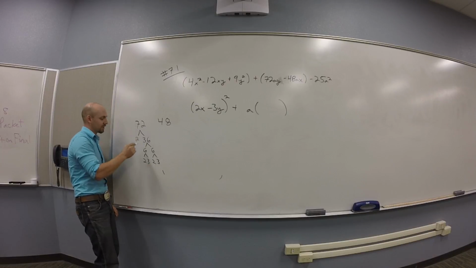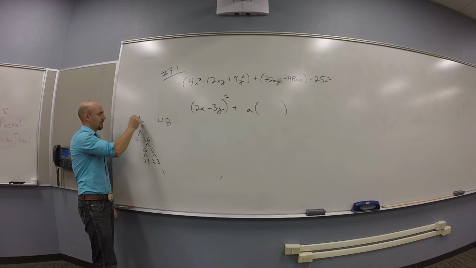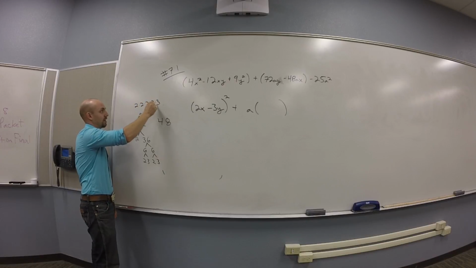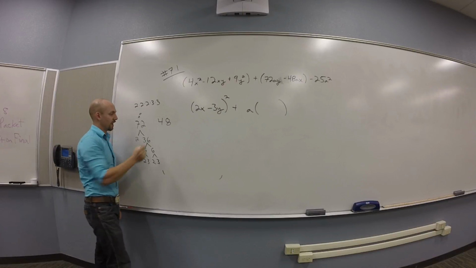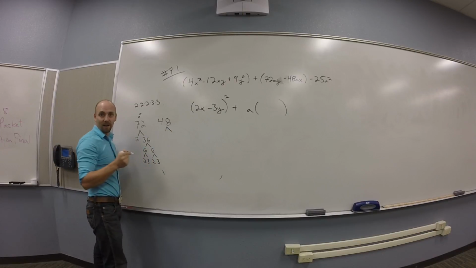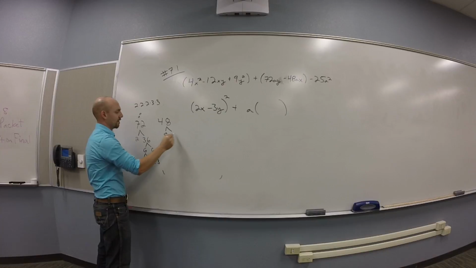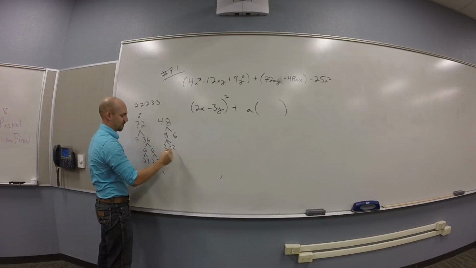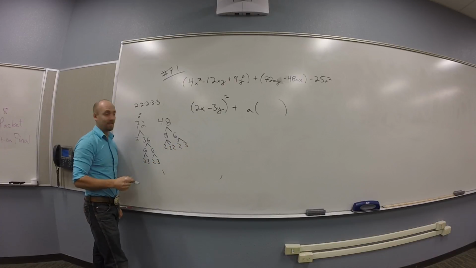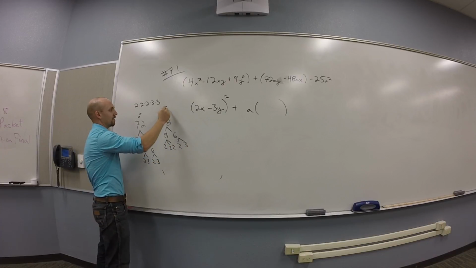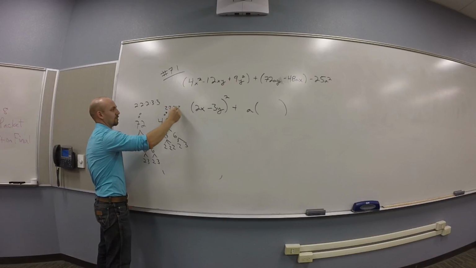So all told, out of 72, I got 2 times 2 times 2 times 3 times 3. You guys with me on that? Okay, 48 is what? 8 and 6. 8 is three 2s, and 6 is a 2 and a 3. So 48 is 2 times 2 times 2 times 2 times 3.